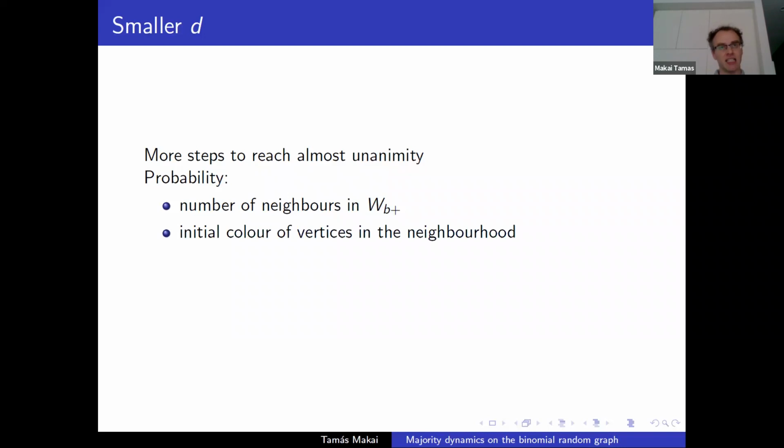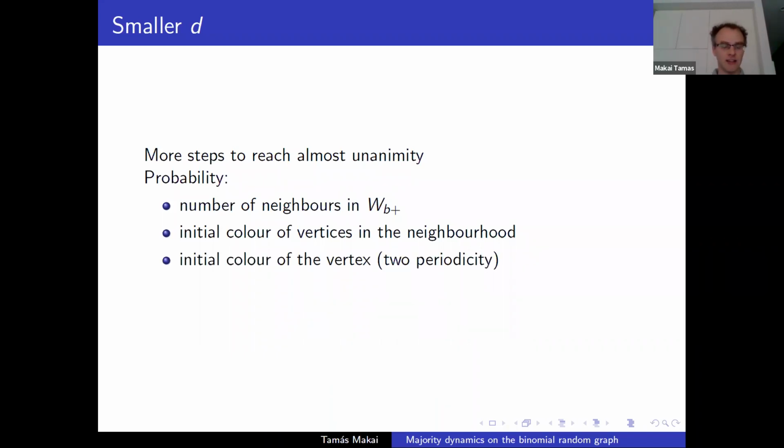Unfortunately, this has a side effect, because we could treat every vertex uniformly in this case, but this will no longer be true, simply because we don't have many neighbors in W_B+, and we are unable to cancel out the effects of any already exposed neighbors.